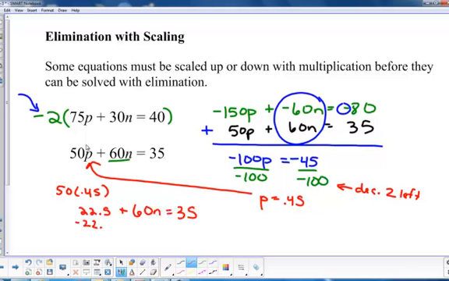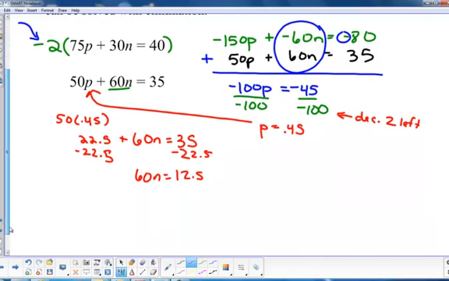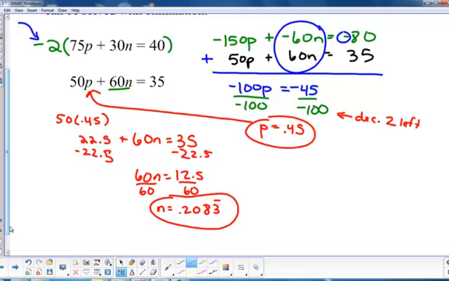And then if you subtract 22.5, you're going to get 60n equaling 12.5. And then if you divide by 60, you get 0.2083 repeating.